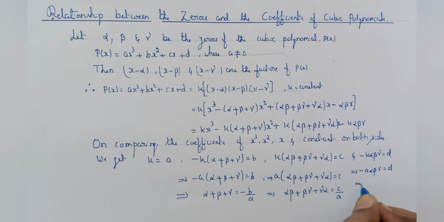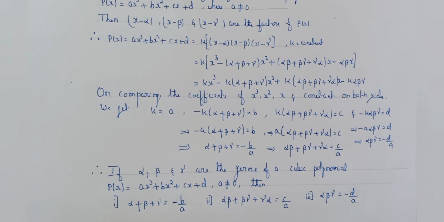So alpha beta gamma is equal to minus d by a. Therefore, if alpha, beta and gamma are the zeros of a cubic polynomial, then alpha plus beta plus gamma is equal to minus b by a, and alpha beta plus beta gamma plus gamma alpha is equal to c by a, and alpha beta gamma is equal to minus d by a.